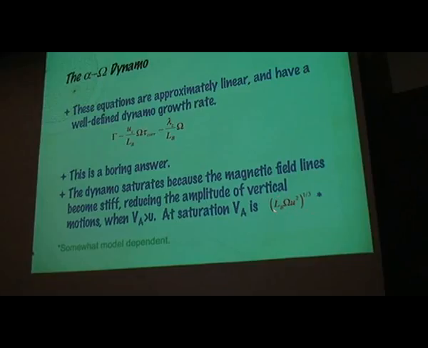But one answer that actually works a bit better than the one I gave Kandu, and I'm sorry, is that you get a saturation value of the Alfvén velocity, which is some sort of funny mean between the mean square velocity and the vertical height of magnetic field domains and the local shear. And in practice, this tells you that in general, your saturation value is a bit super equipartition.